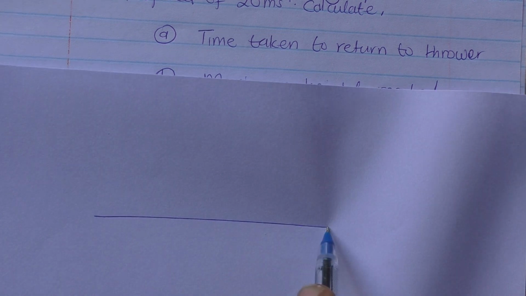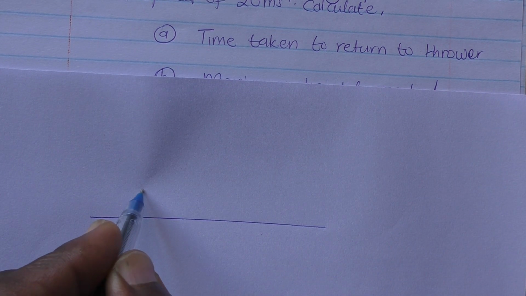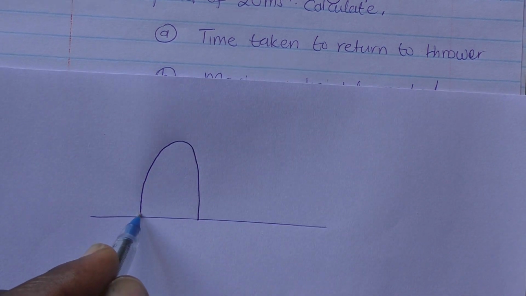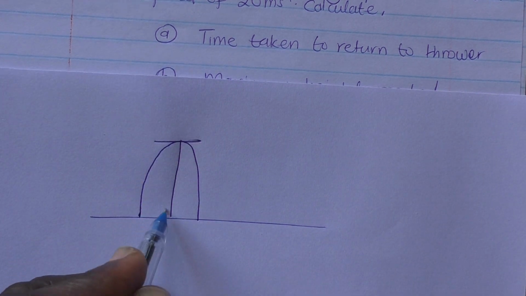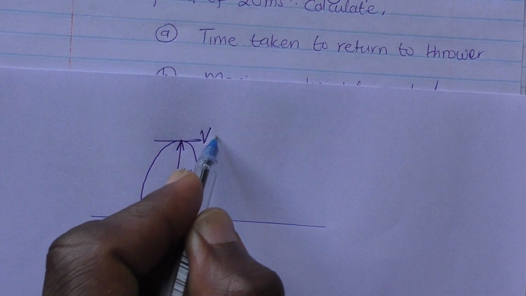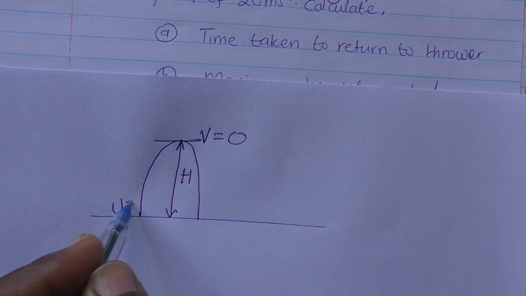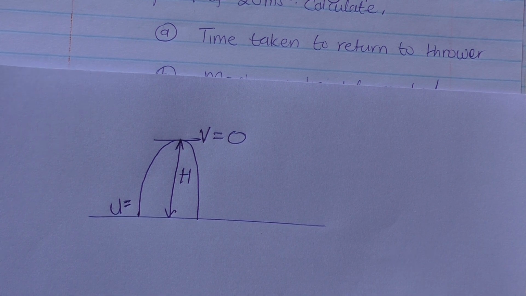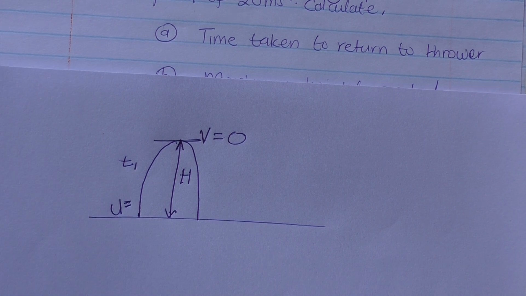So this is our ground where the thrower is. He throws a ball up and it comes back. This is what we call maximum height, h. And at that point is where v is 0. But this one is given an initial velocity. So during the upward motion, it takes time t1.